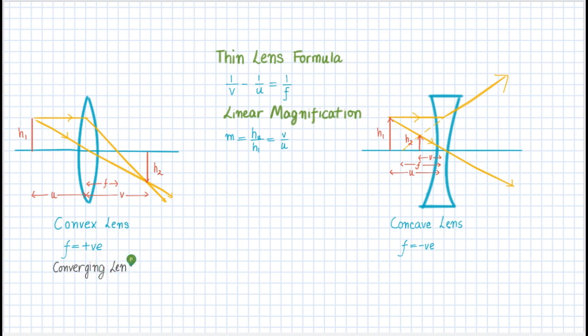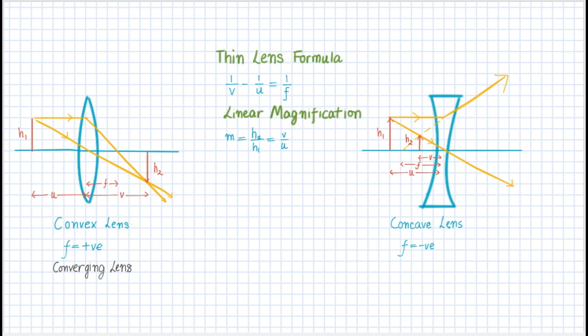Since it has a positive focal length and the image is formed by the converging beams of light, and converging means they are moving towards a particular point, this is a converging lens. So your convex lens is also a converging lens.